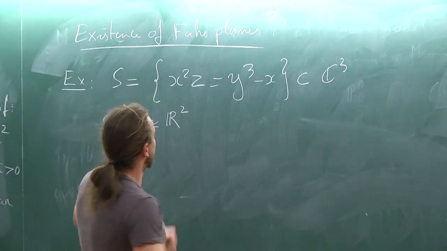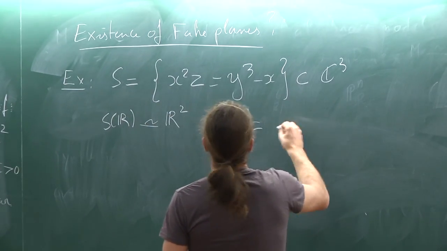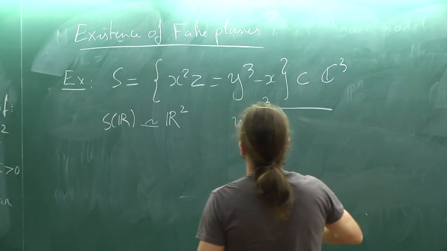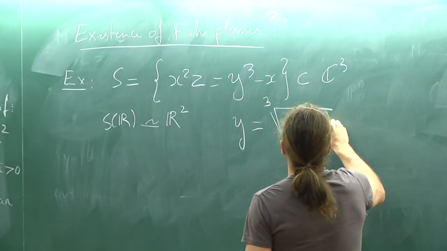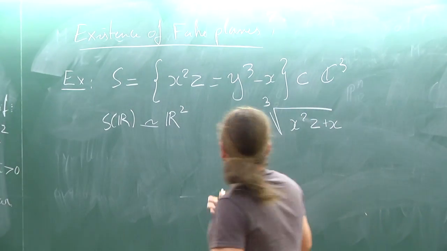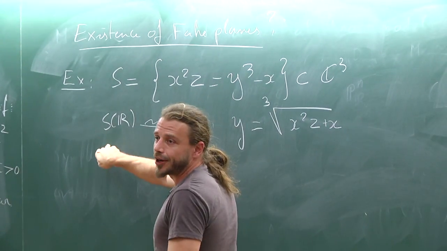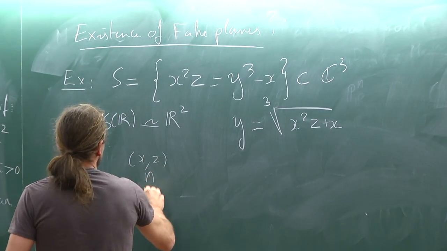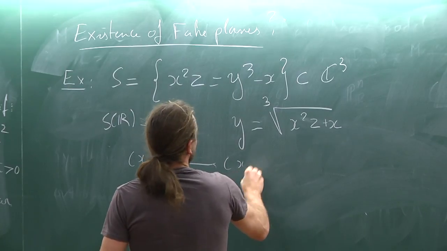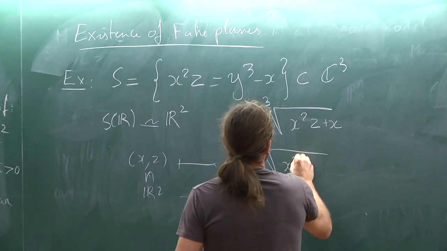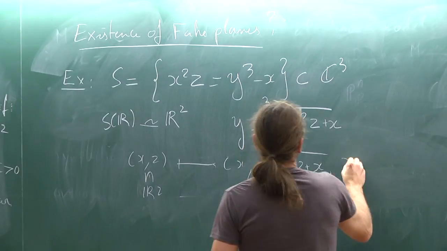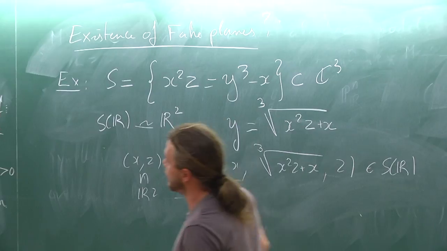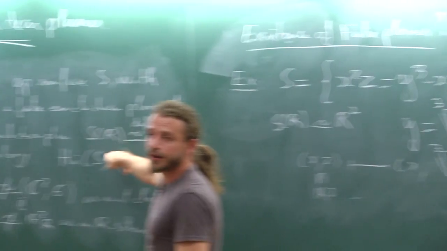Well, look, if I'm sticking to real points, why is nothing by the cubic root of x squared z plus x? So I have a parametrization of the set of real points of this surface by sending (x, z) in R2 to (x, cubic root, z) in S(R). So at least it is a Euclidean plane.